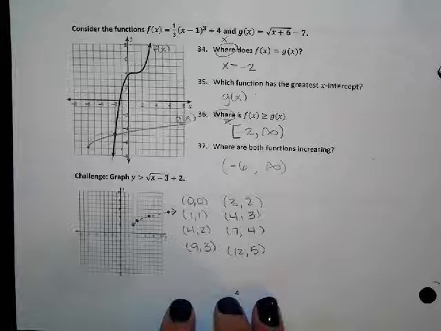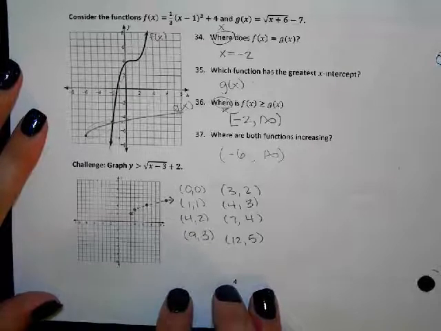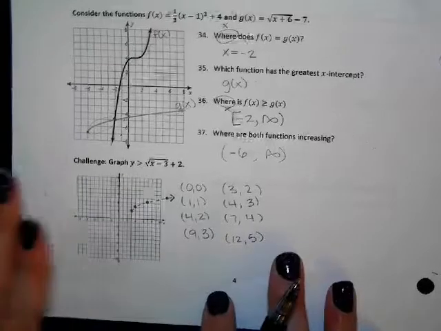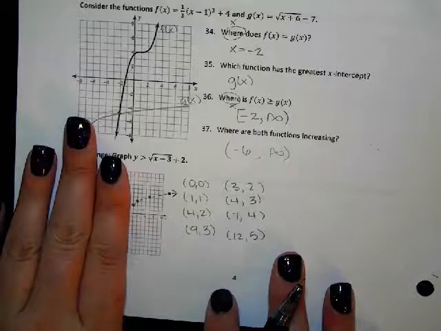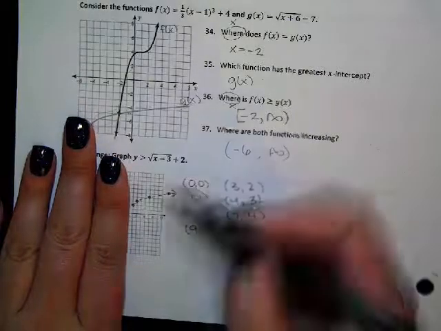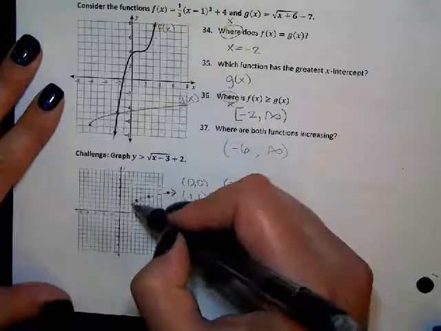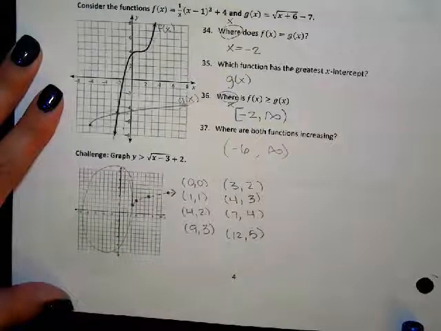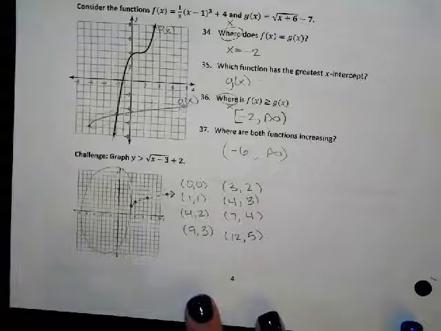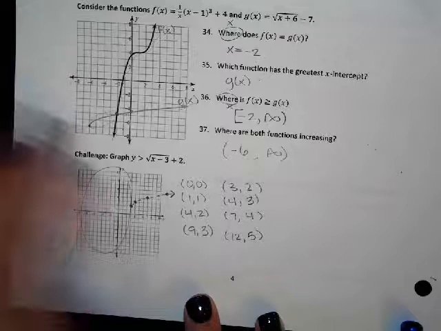We can't use 0, 0 because the domain for this graph starts at 3. 0, 0 is outside the domain. So if you look at this whole part over here, no shading, no nothing over there. It's not allowed because all of those x values are outside of the domain of the graph. We don't even get to touch that part of the graph. That part is off limits, okay?